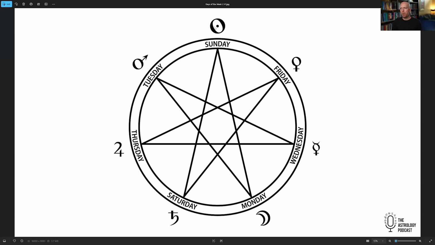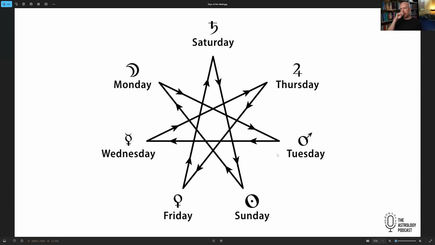And the way that this works basically is you can use this diagram with the seven-pointed star. And here's a version of it that Paige Allison made for me that has arrows.